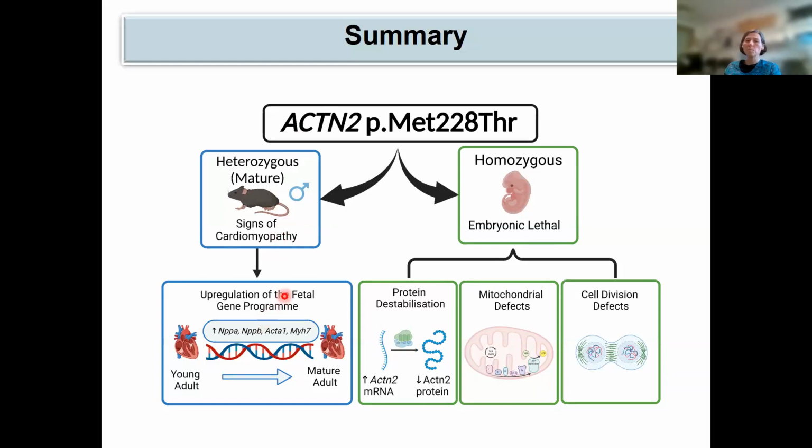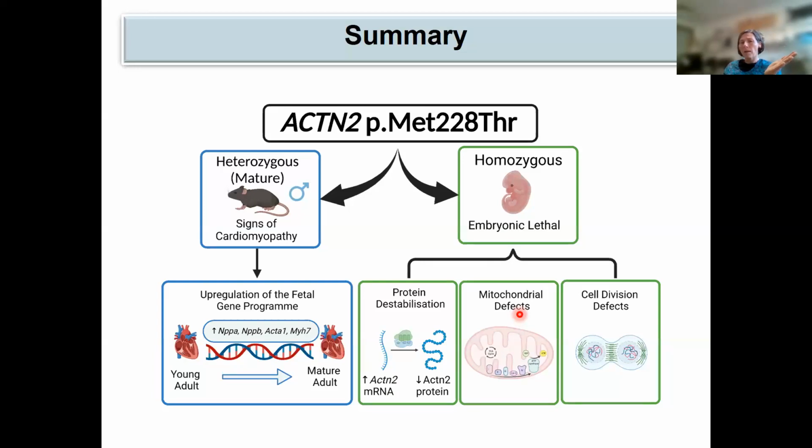So in summary of this project, the adult mice didn't tell us much about the disease mechanisms. They more gave us confirmation that this variant is indeed causing cardiomyopathy, whereas the homozygous embryos gave more insights, and they identified that the protein destabilization of alpha-actinin contributes to the phenotype, potentially also mitochondrial defects.